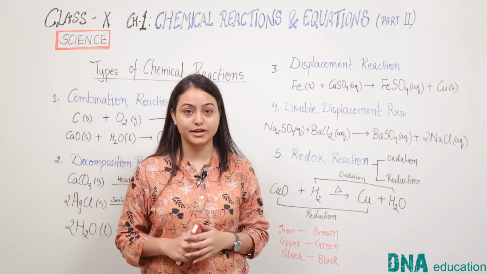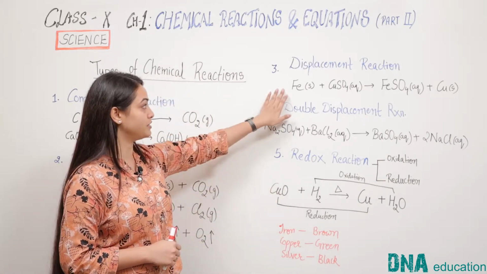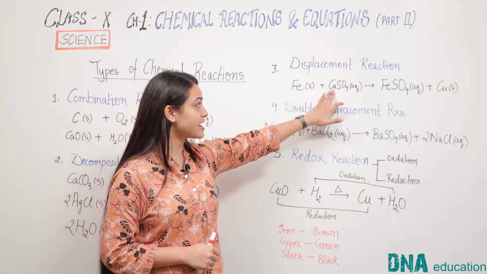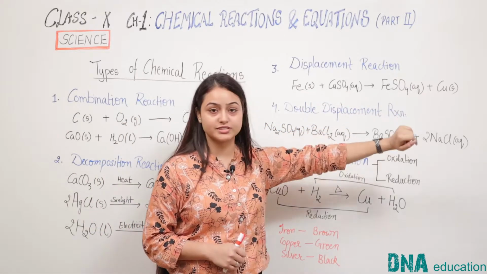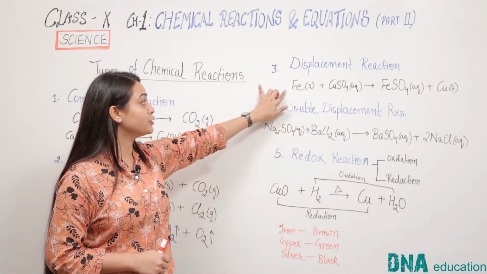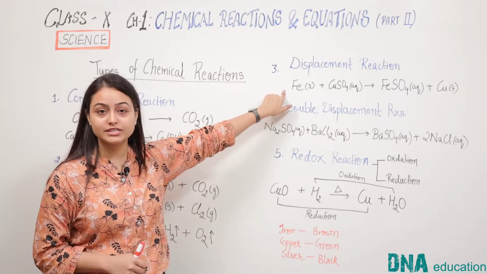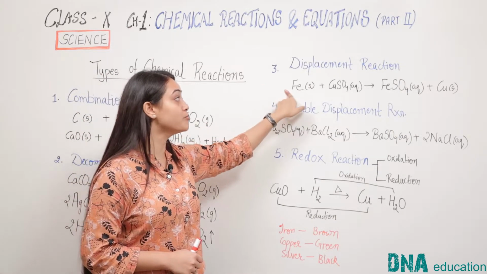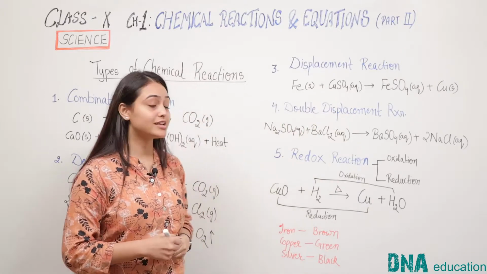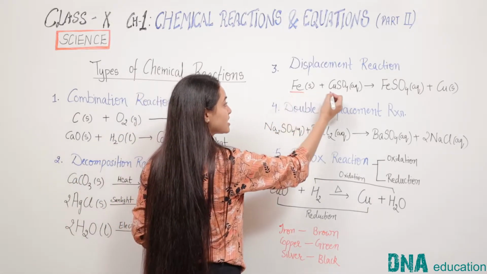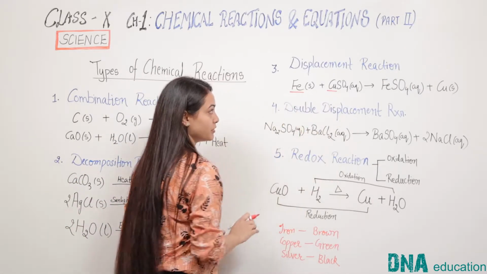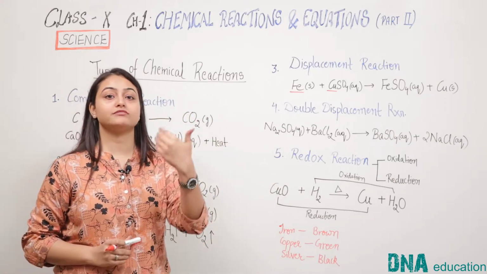Now let us elaborate on this definition using an example. This is an example where iron reacts with copper sulfate to form iron sulfate and copper. Now, according to the reactivity series in chemistry, iron is more reactive than copper. As you can see, there are two elements in this reaction, iron and copper. And iron is more reactive than copper.